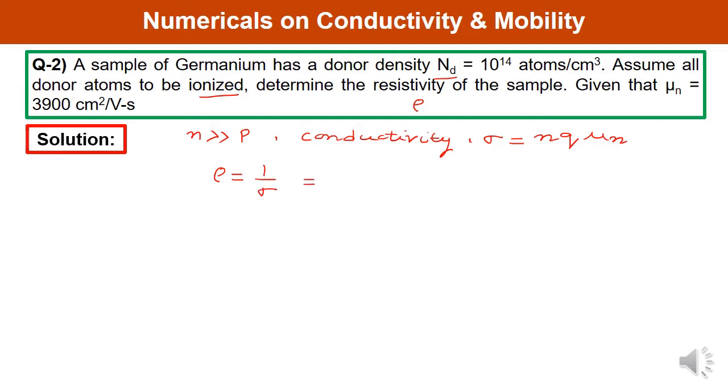So this formula will be rho equals 1 upon N Q mu N.